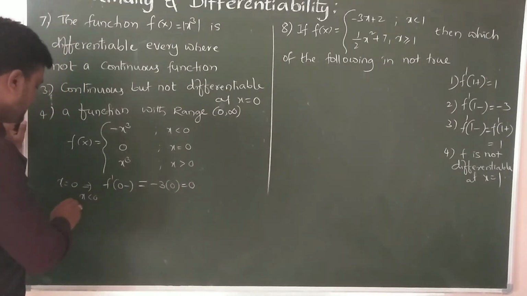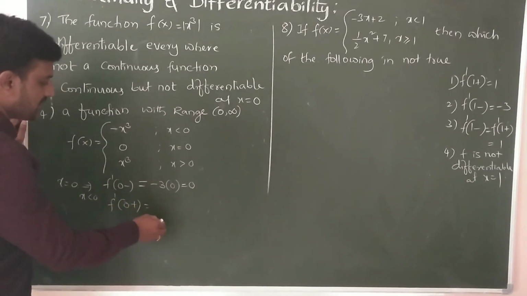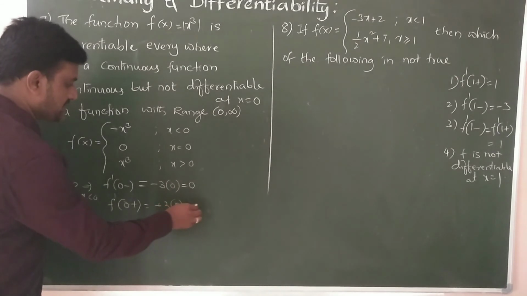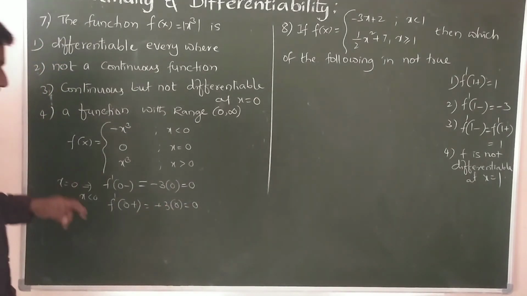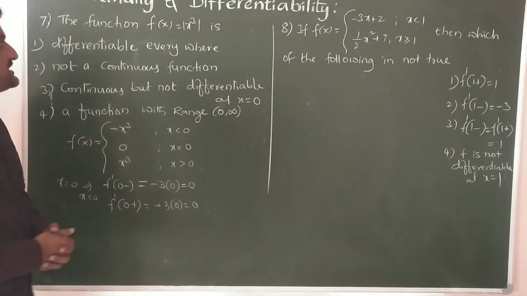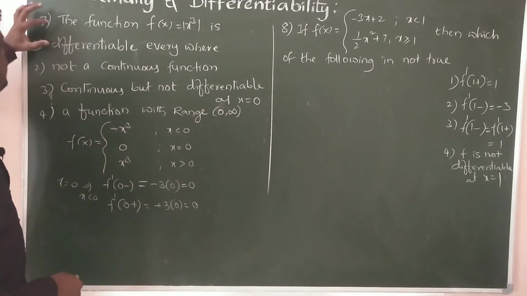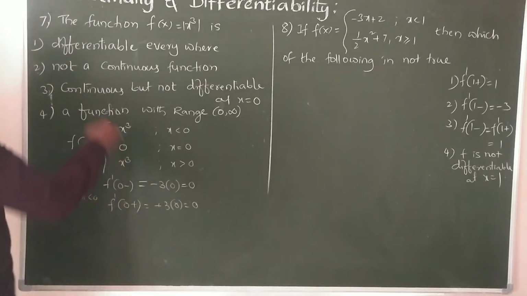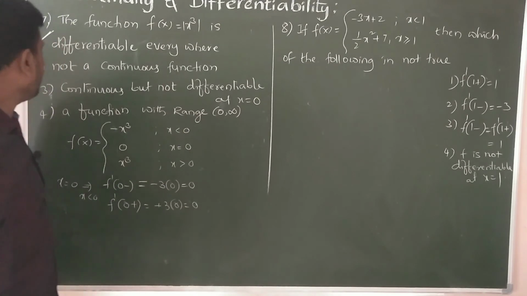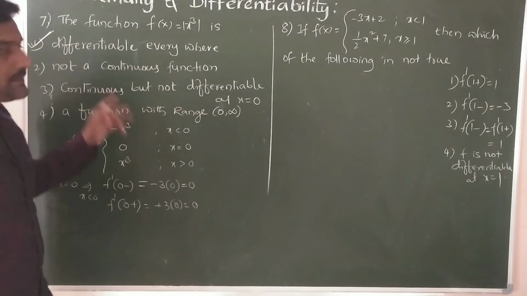Also at x equals 0, f dash of 0 plus, here also 3x square, 3 into 0 equals 0. These are equal, and also differentiable. So clearly here it is differentiable, definitely the first option. No need to check the remaining.